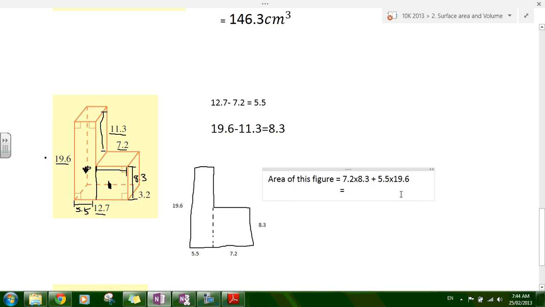So if we find that, we'll be able to work it out. 7.2 times 8.3 plus 5.5 times 19.6 equals 167.56. And again, we need to work out our units: centimeters, square centimeters.